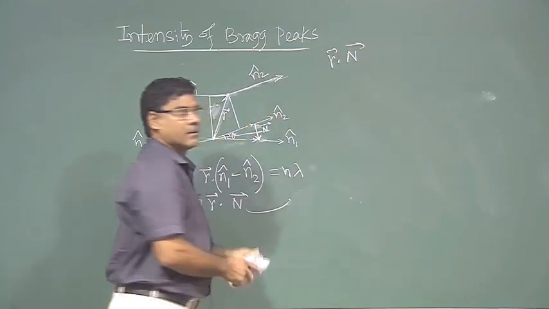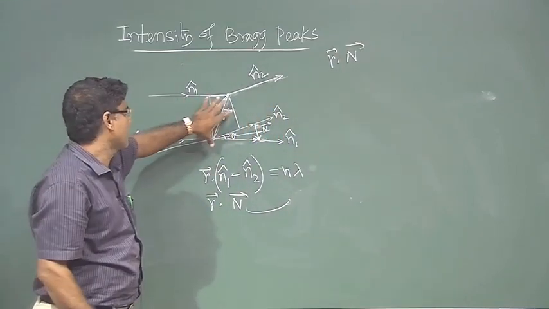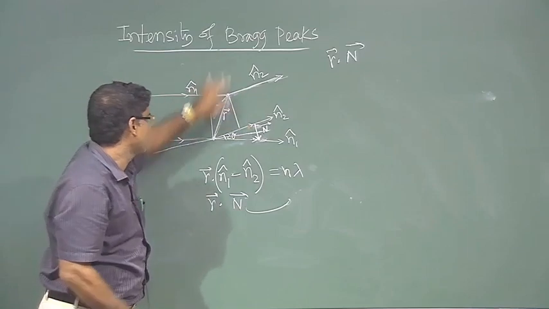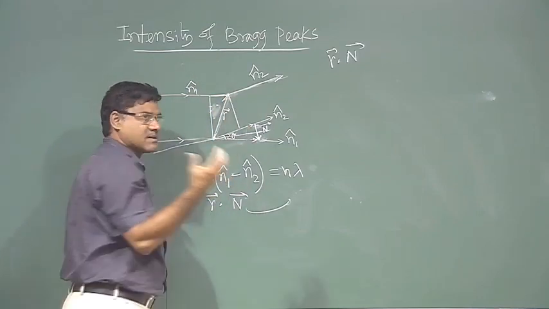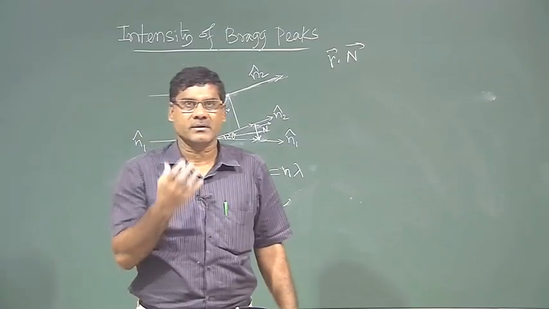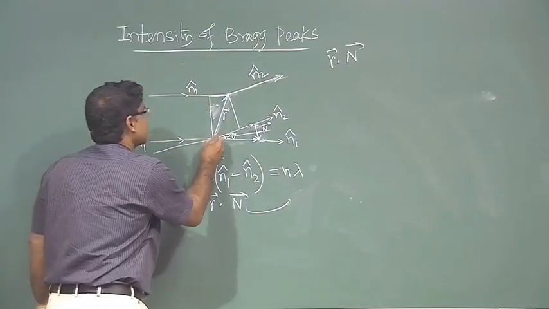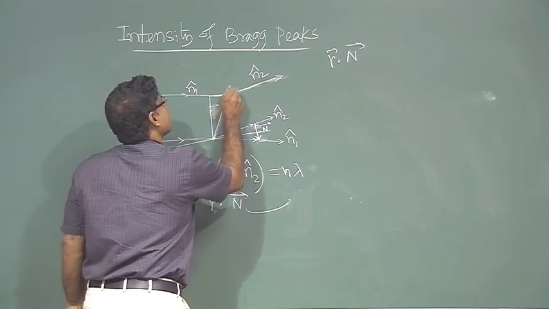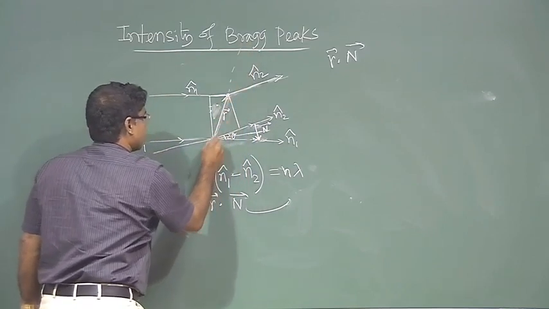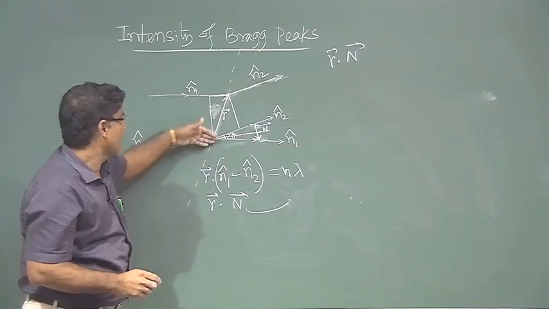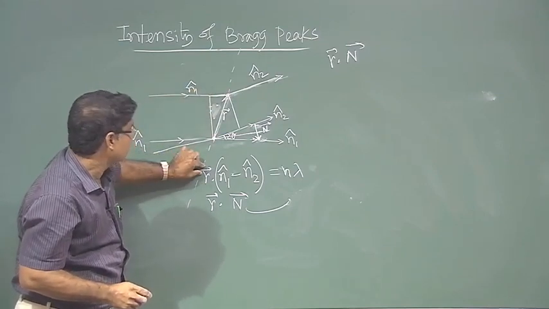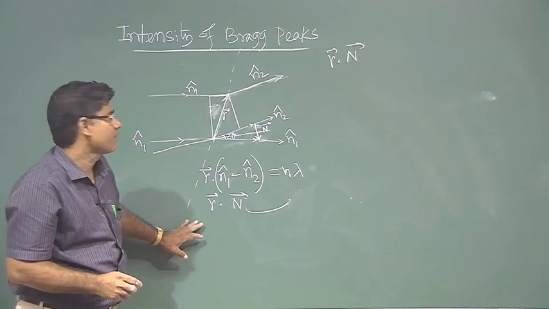Now, if I think about the crystal, these are periodic in the crystal. If I think this is the scattering center, it means lattice points or atoms are sitting there. So, on this array, whatever the lattice points are there, all will be in phase, right.